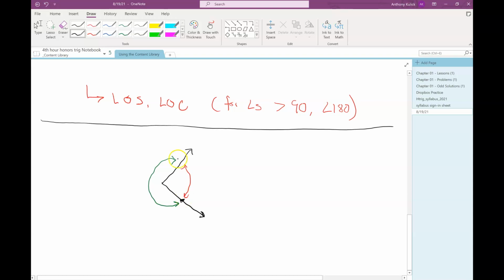So if I want to go from here to here, I'm going to turn this much. And then if I want to go back to where I started, I would either be doing this, where now I'm flipping the orientation, or I would be describing this turn.